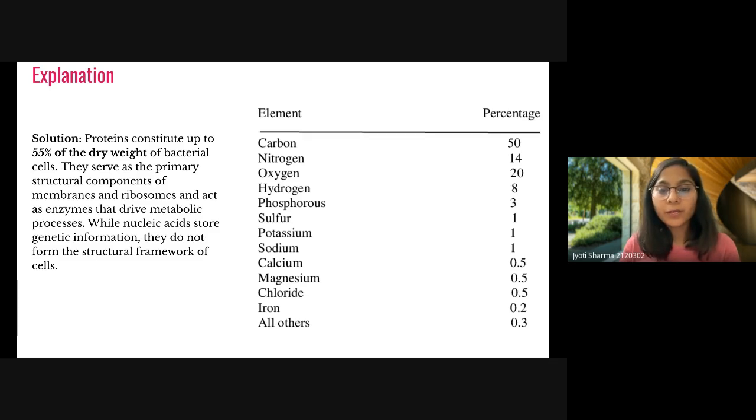Carbon is 50% of the cell. Nitrogen is 14% of the total cell. Then we have oxygen and hydrogen, so we can give the proportion of each element in the cell. And for the explanation, protein constitutes 55% of the dry weight, and serves as the primary structural component of the membrane and ribosome, and also acts as enzymes that drive metabolic processes. So this is how the answer will be protein.